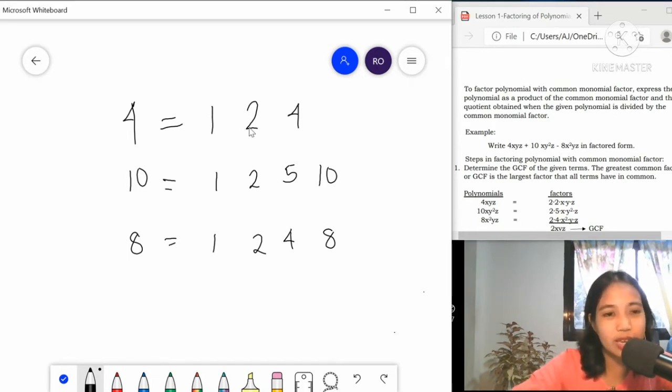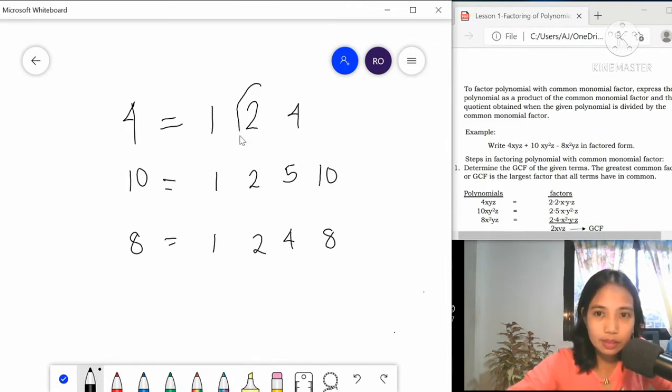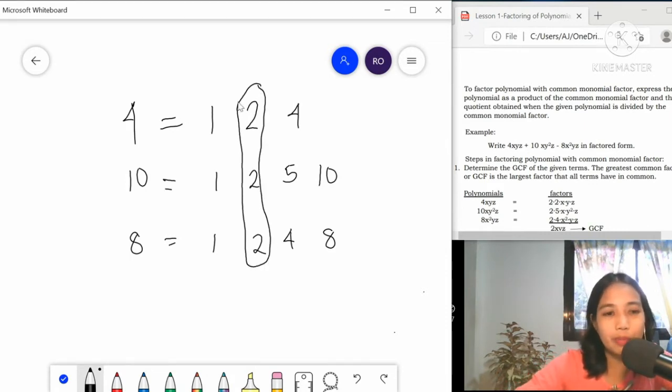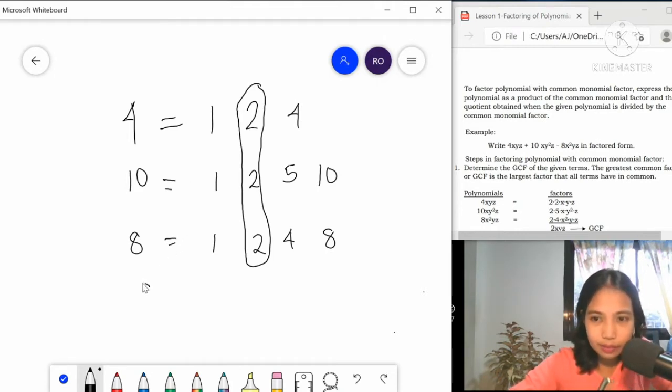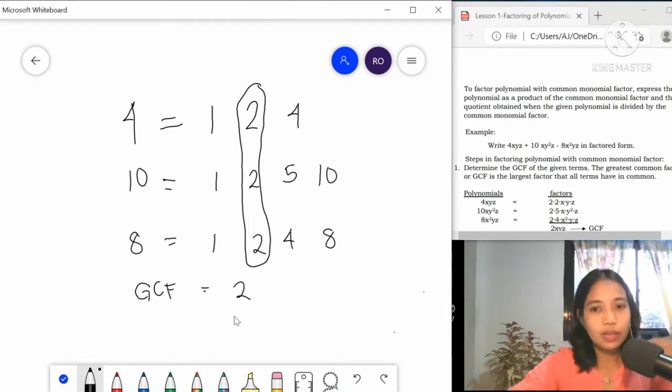Hindi pwedeng maging GCF ang 1. So therefore, 2 here is the GCF. Dahil maliban sa 2, wala nang ibang number na magkakatulad sa factors ng 4, 10, at 8. So let's write that. GCF is equal to 2.